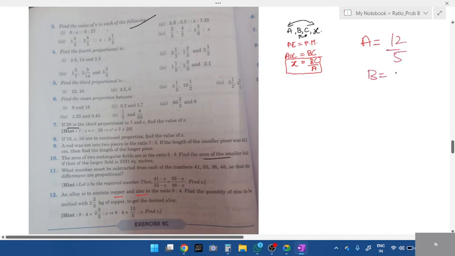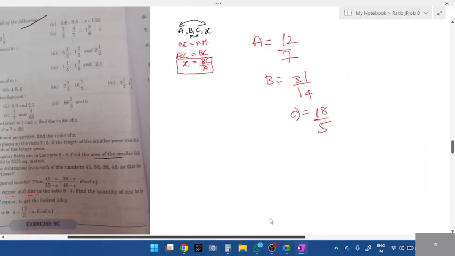What is the B value? 2 14s are 28, 29, 30, 31 by 14. And the C value, 17 or 18? 18 by 5.